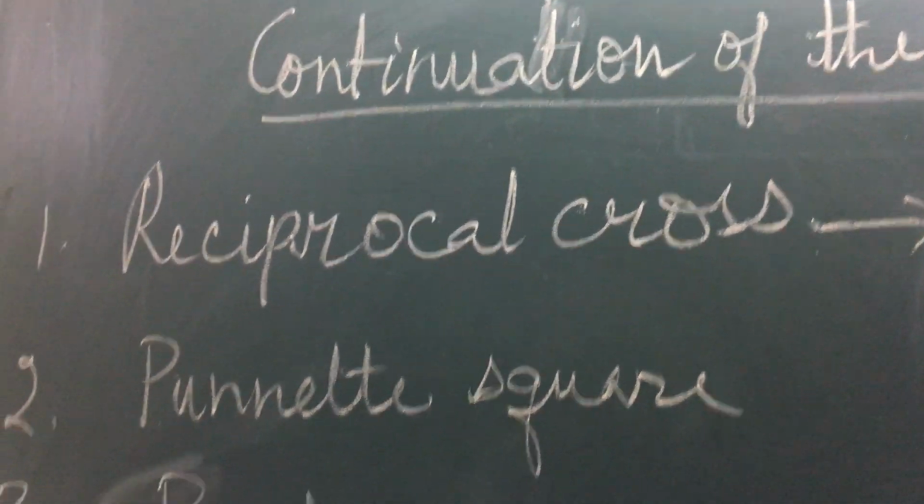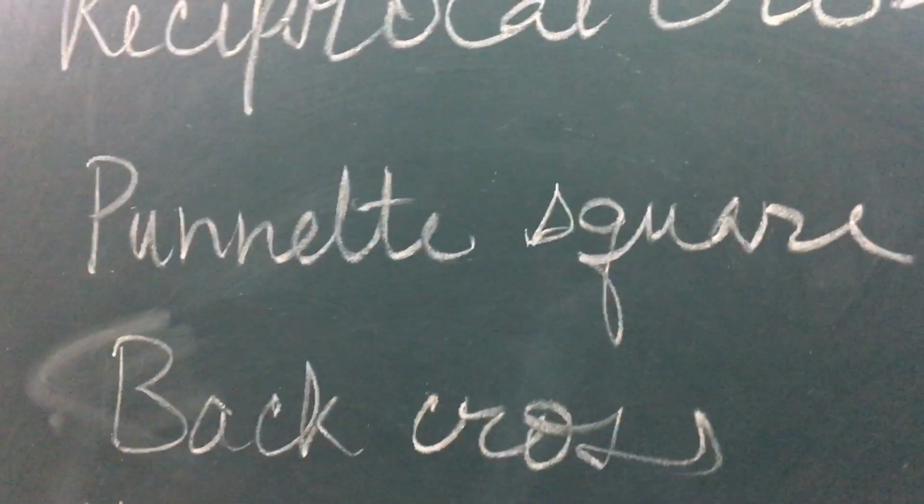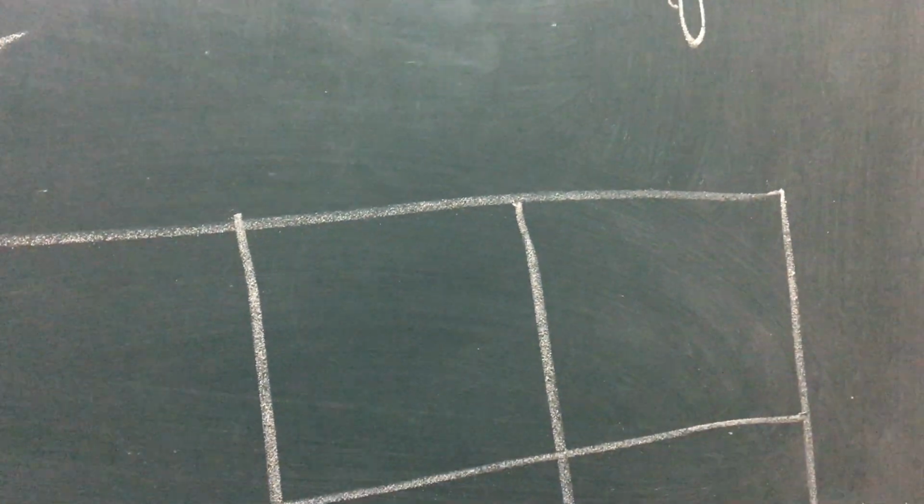Then what is a Punnett square? Yesterday also we have done. When we make this table like this, as we have done yesterday with Mendel's third law, we make here the male gametes and here the female gametes.